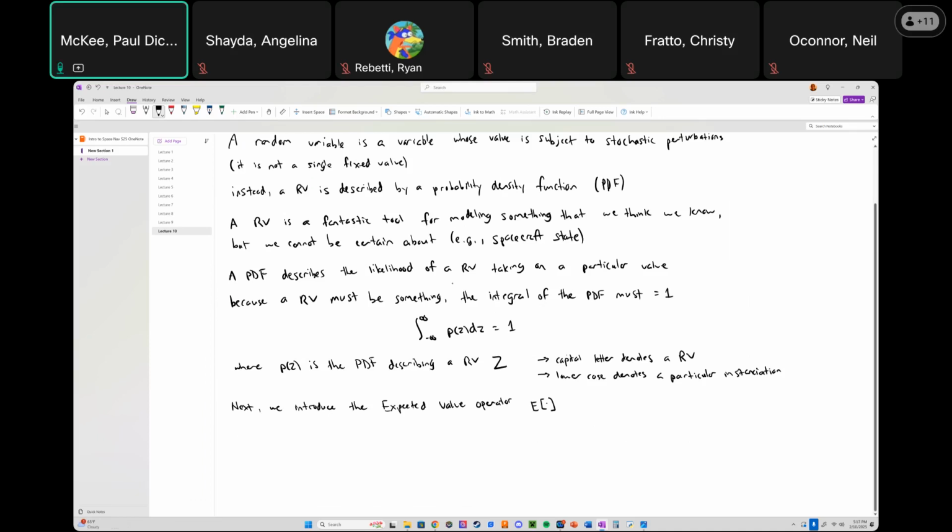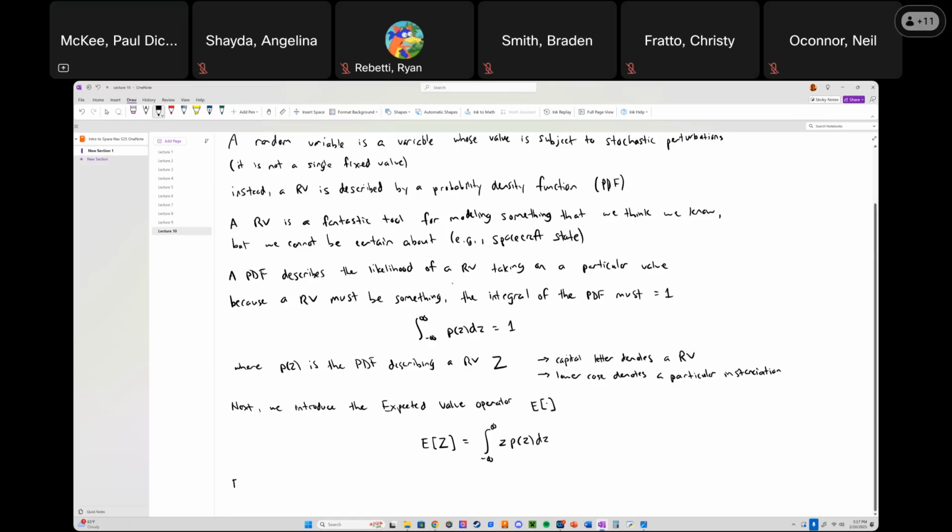We usually use brackets. So what is the expected value of Z in this case? And this would be capital Z. The expected value of Z can be computed according to the integral from negative infinity to infinity of Z times its own probability density function, dz.